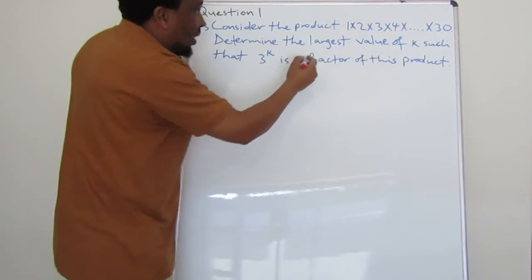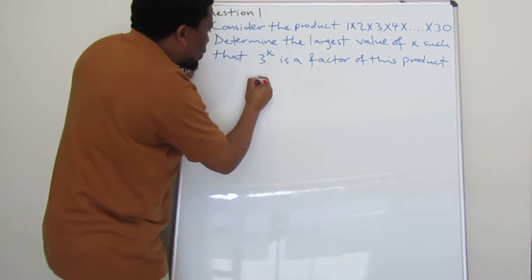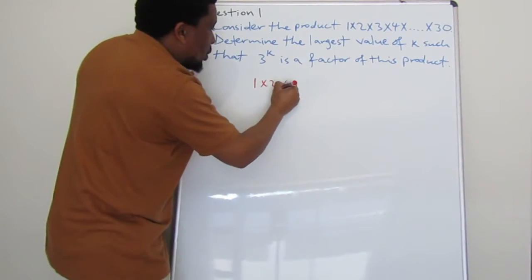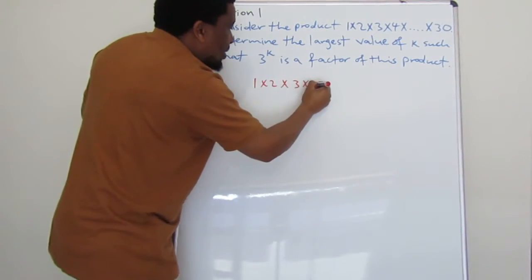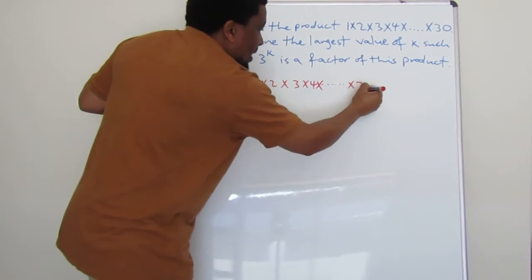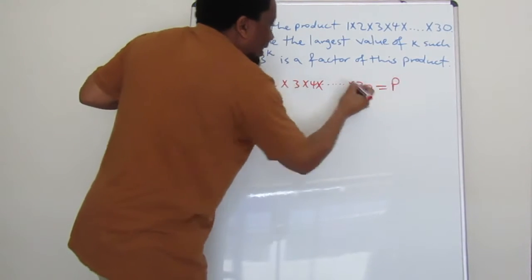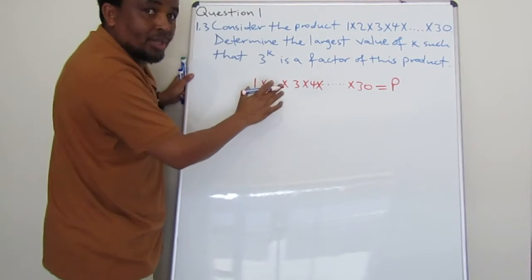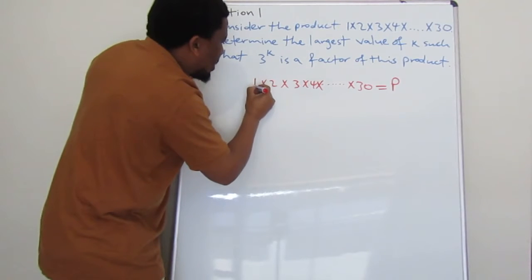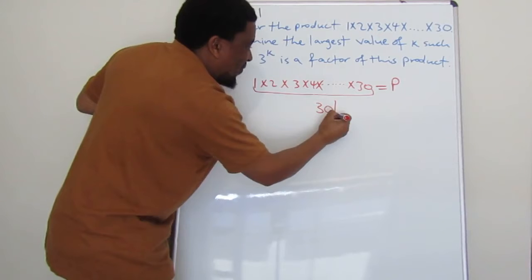So in a nutshell, this is 1 times 2 times 3 times 4, up to times 30. We can simply write this as our product. Instead of writing all of this, this is usually referred to as a factorial.